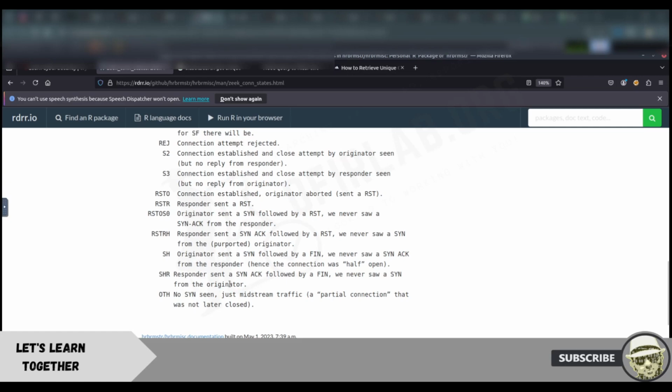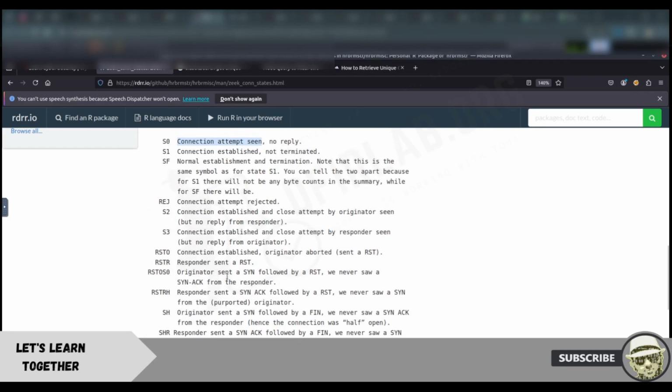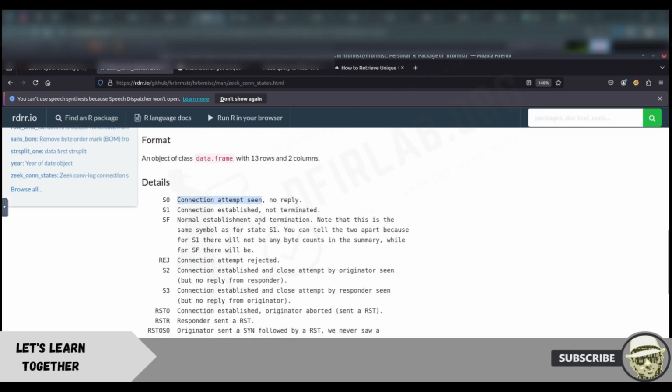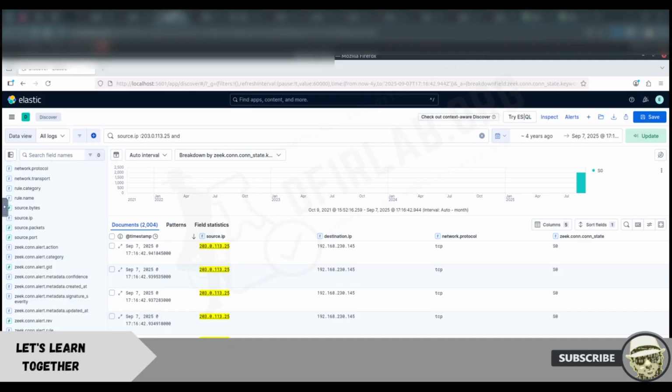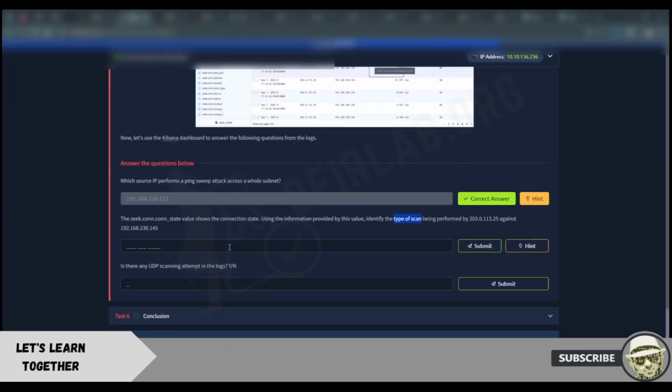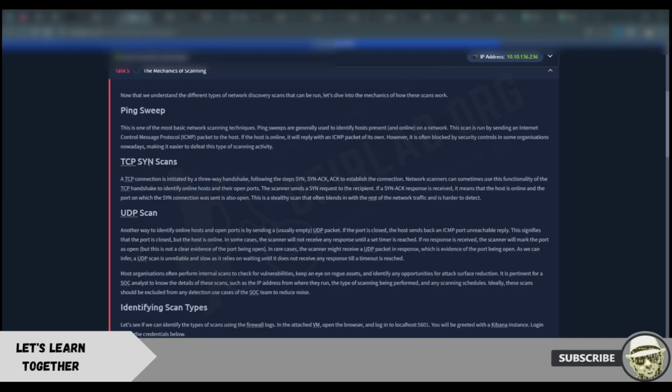So this one is, I guess, we have seen a scan in here.